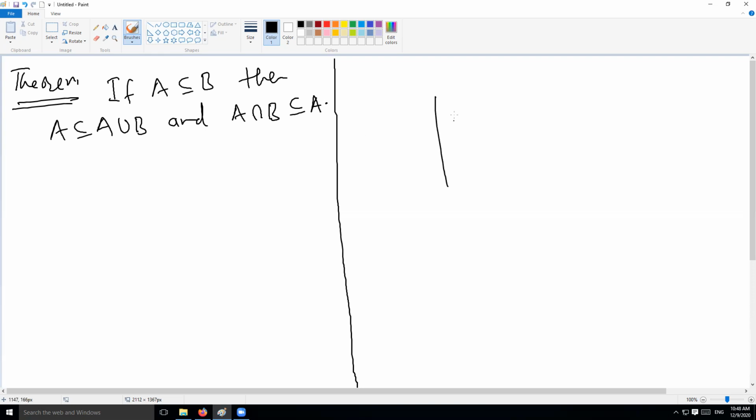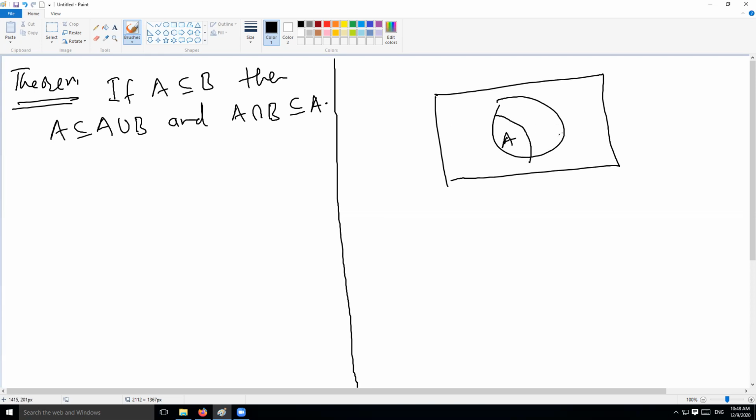In other words, if you make a picture of it, that's your B, and this is A inside B. So that's A, and this entire set is B.